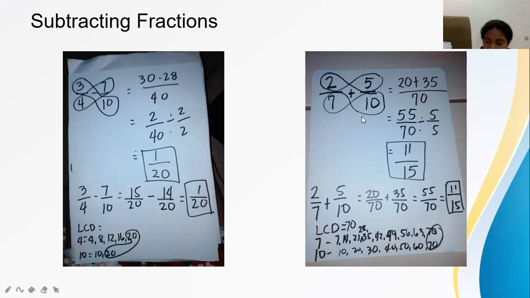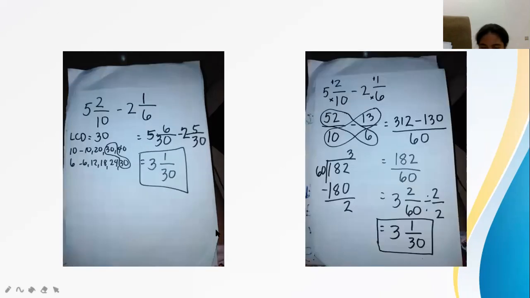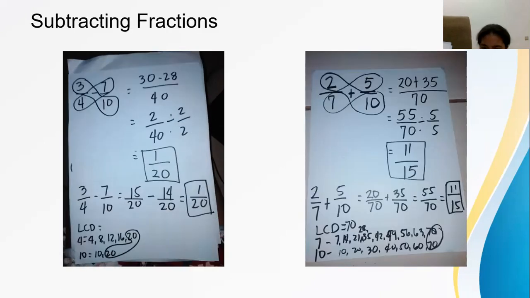Okay. Next, that was the butterfly method. Next, this method: 2 over 7 plus 5 over 10. So, we find their LCM or LCD. For 7, the multiples of 7 are 14, 21, 28, 35, 42, 49, 56, 63, 70, and so on. While for 10, it's 10, 20, 30, 40, 50, 60, 70.